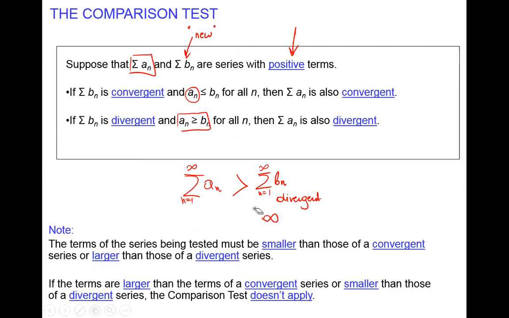We can have an undefined situation, but let's imagine that divergent means unbounded, a huge number. Everything greater than infinity, in this case, I can say is also divergent. That means if B sub n is divergent, and we have this relation, then I can conclude that A sub n, my original series, is divergent also.